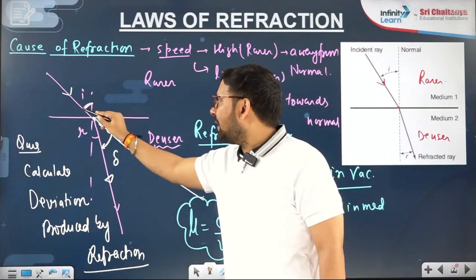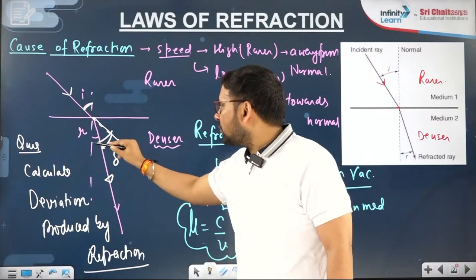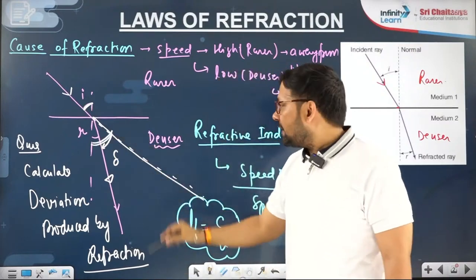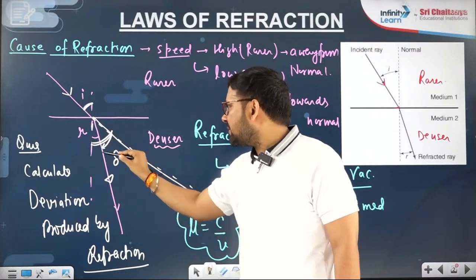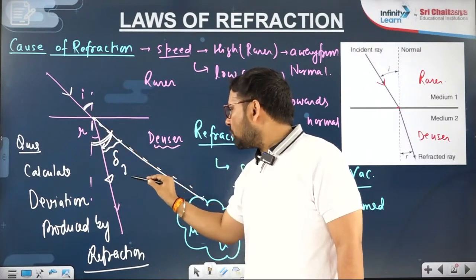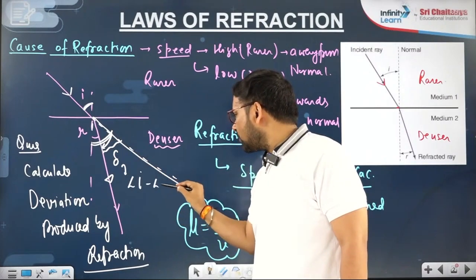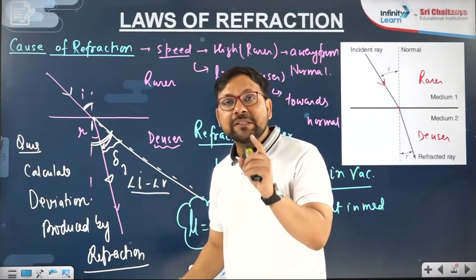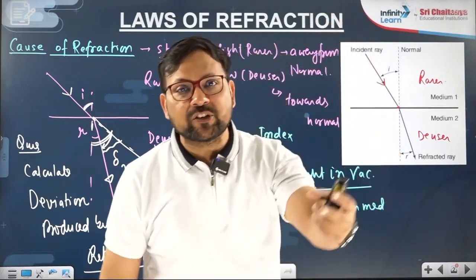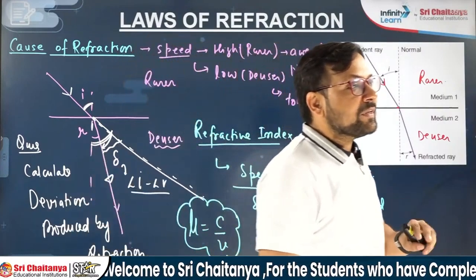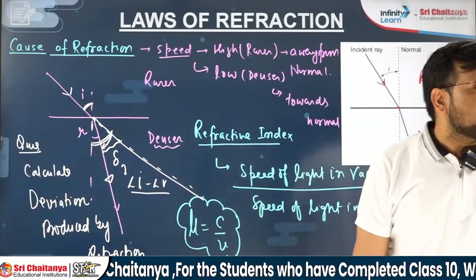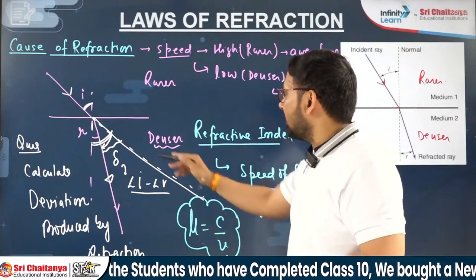If this angle is I, the vertically opposite angle will also be I. But out of this total angle I, this angle is R. So how much deviation is left? This much: angle I minus angle R. Angle of incidence minus angle of refraction is called deviation.